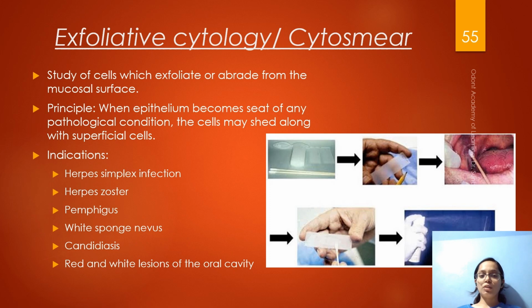Then we have exfoliative cytology. Here what we do is we try to scrape off the upper surface of the cell. The epithelium is what we collect, and then we rub it on the slide and send it for examination. It can be done for herpes cases, pemphigus, white sponge nevus, candidal infections, red and white lesions.